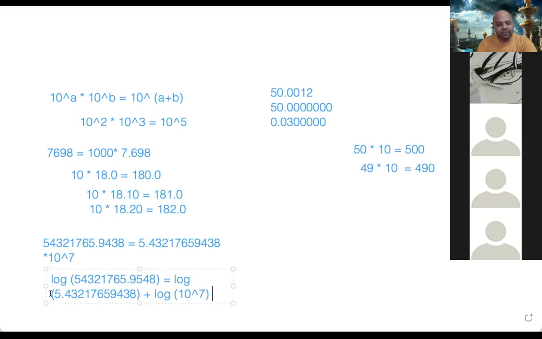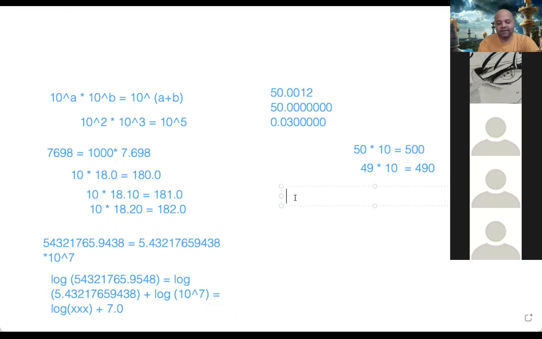So whatever is the log of 5.432, you just add 7 to it. This number is always going to give you 0 point something, so 0 point something plus 7 gives 7 point something. It is very simple.